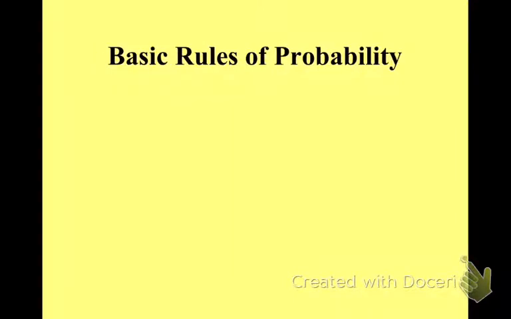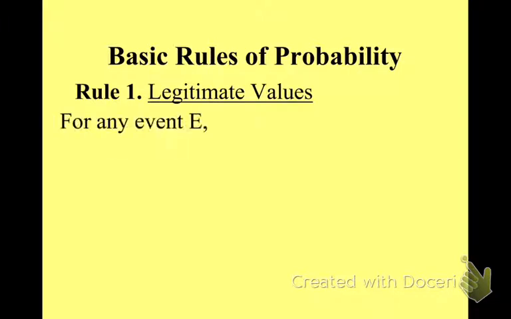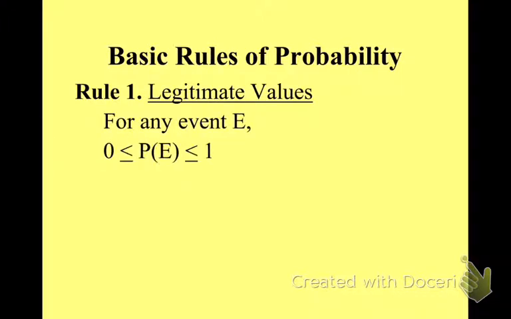So basic rules of probability, you do have to memorize these. The first one is that a probability is any number between 0 and 1 inclusive. So it could be a 0% chance, or it could be a 100% chance.